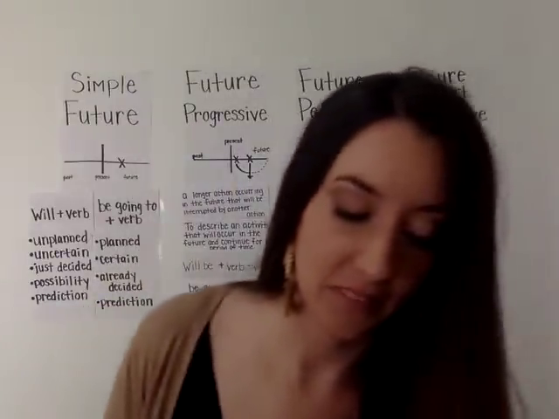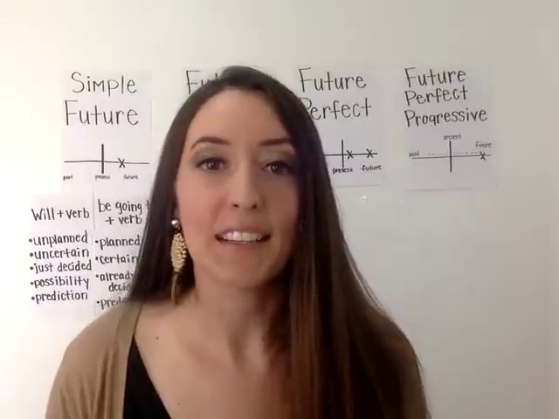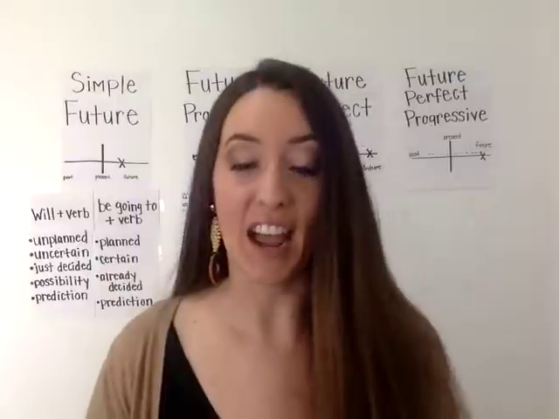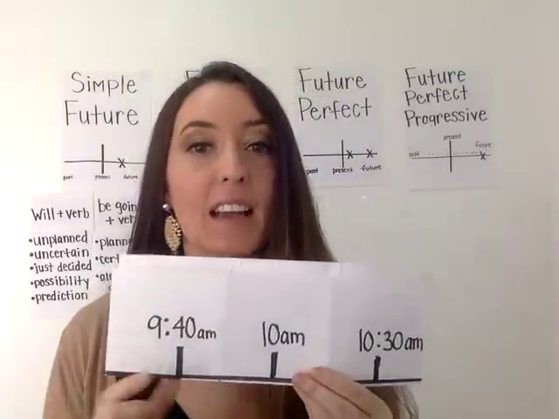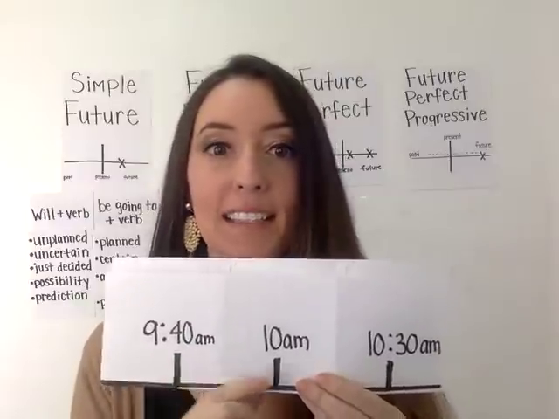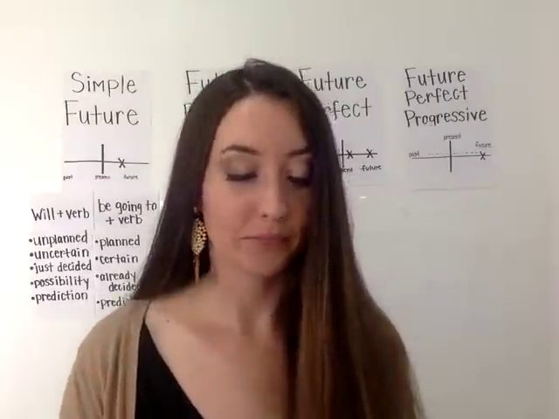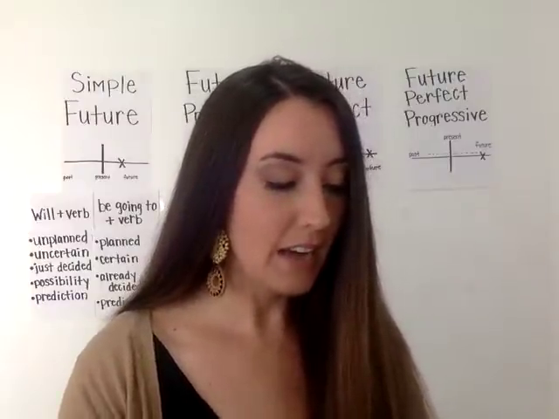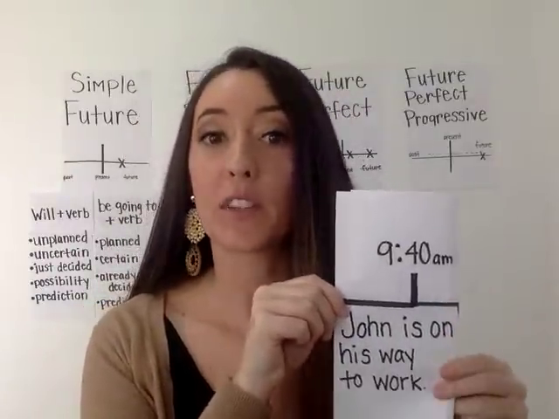All right. Get your keyboards ready, okay? I'm going to give you a scenario, and I would like you to type the sentence in the chat. So here we have a timeline. You see 9:40 a.m., 10 a.m., and 10:30 a.m. At 9:40 a.m., John is on his way to work.